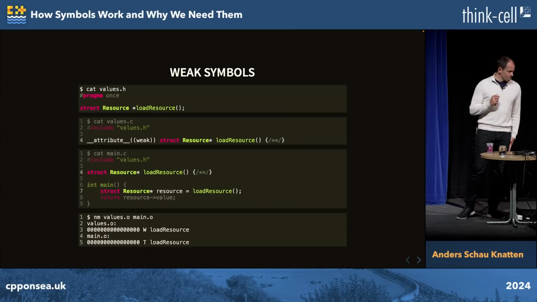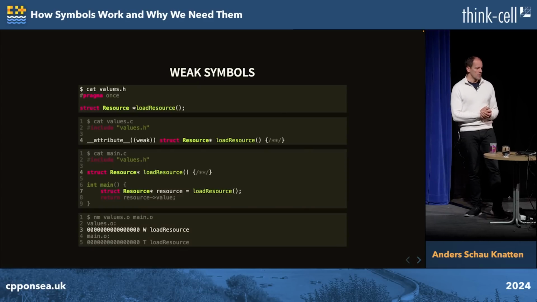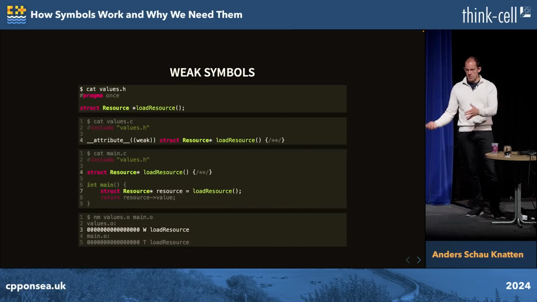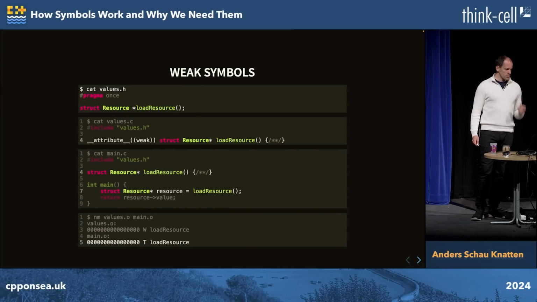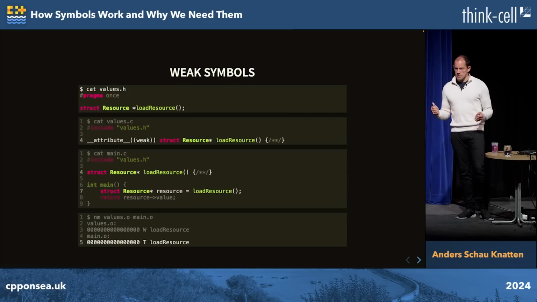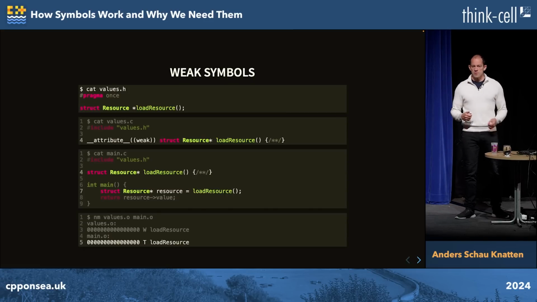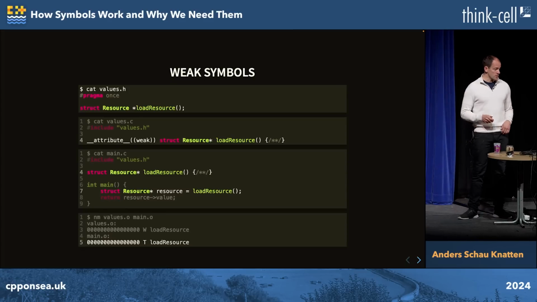And yeah, so if you run nm on values.o and main.o, we can now see that in values.o, which is the thing that goes into the library that we're shipping, we have a weak symbol. And in main.o, we have a global symbol. So that's how you can make sort of a little plugin system kind of thing for static linking. Everything is still only static linking here, by the way.